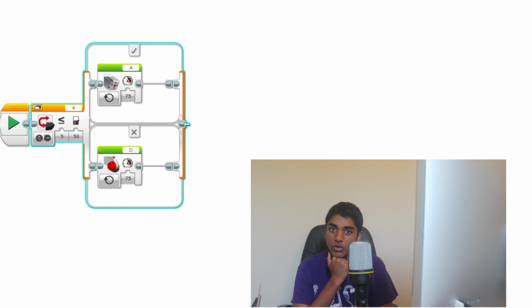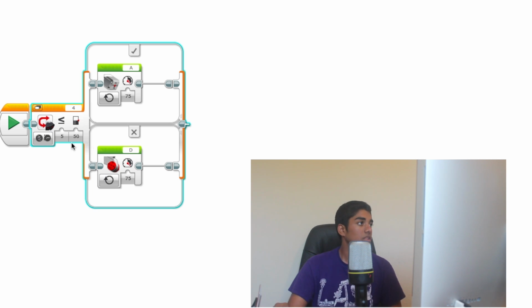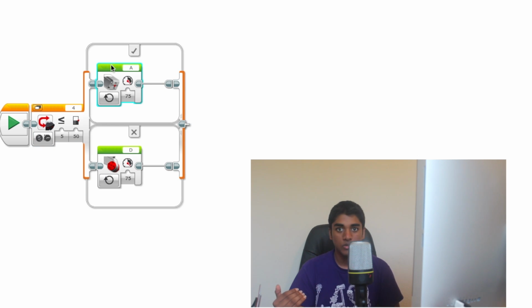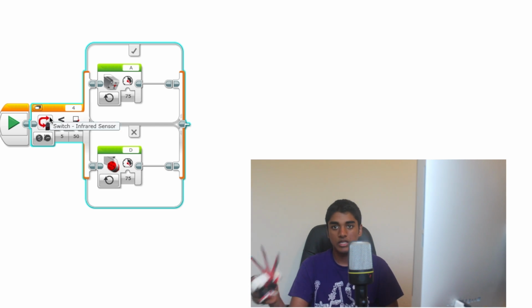So what does that mean for the paper towel dispenser? Go ahead and pause and discuss. If you guessed that only one motor would move infinitely, then you're right, because this would just execute the medium motor to move infinitely and nothing else would happen, because it's not going to check again whether there's something in front of the infrared sensor.